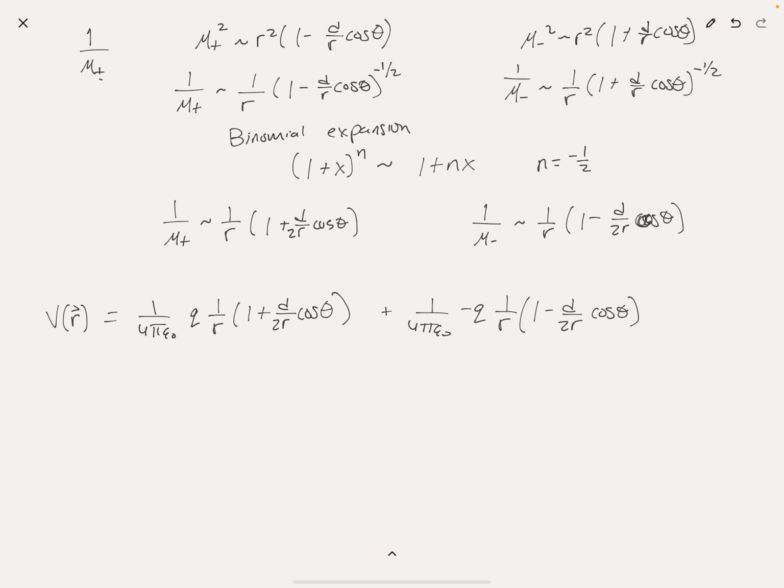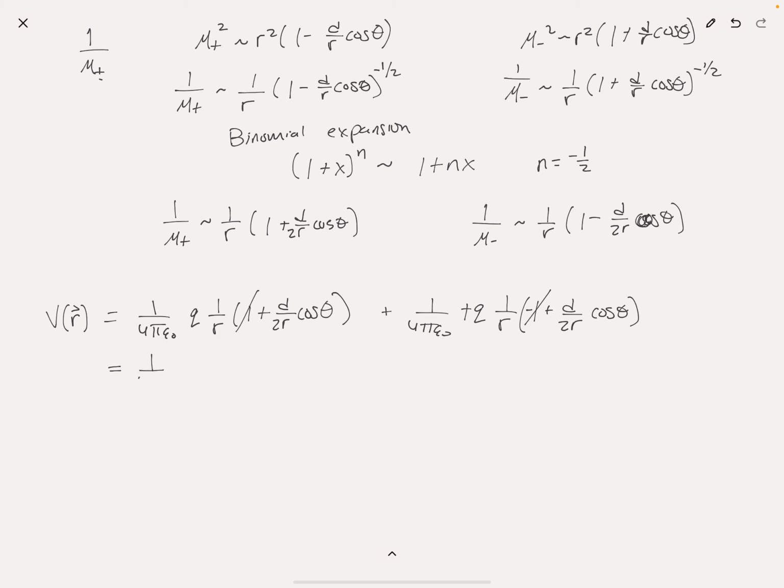All right, we have a couple terms that look the same. I'll distribute this negative sign in, so I get a minus, a plus. These ones cancel out because the coefficient up front is the same, and I'm left with basically two of these cosine terms.